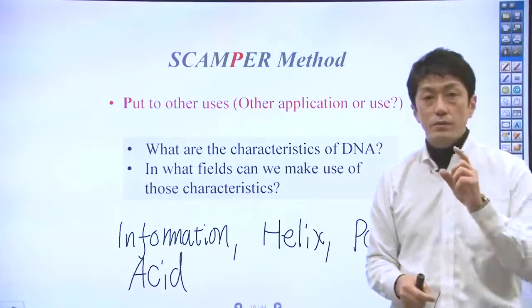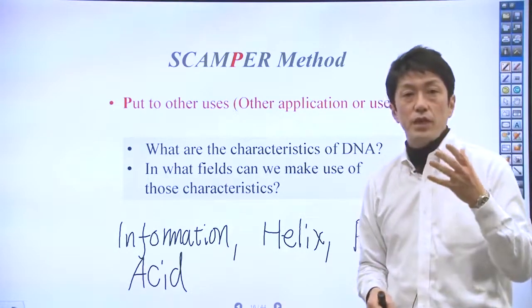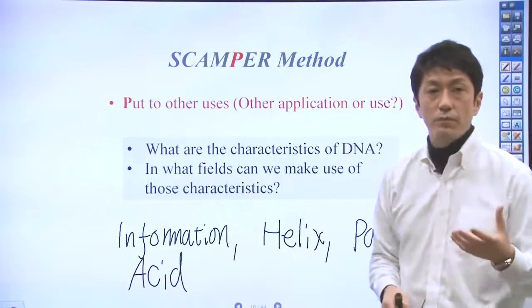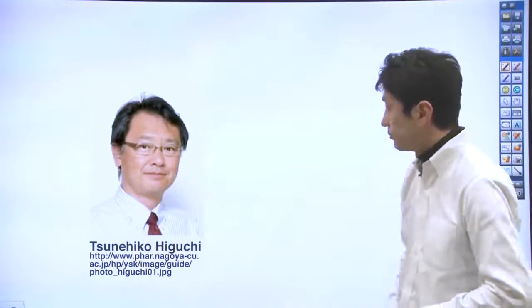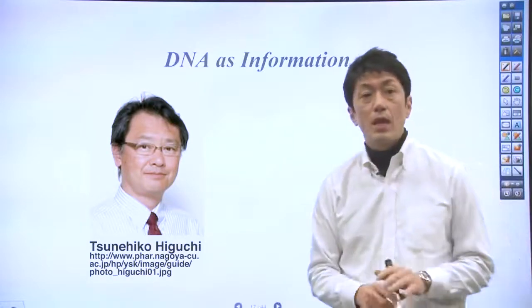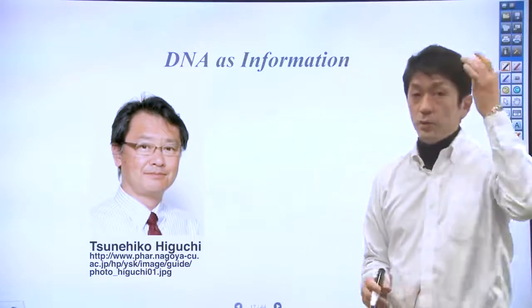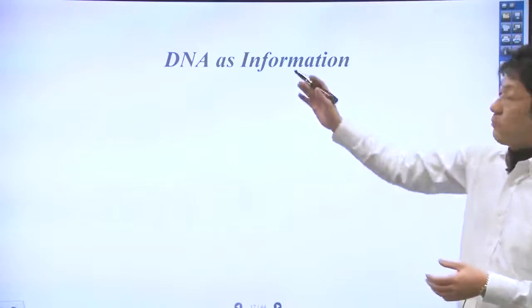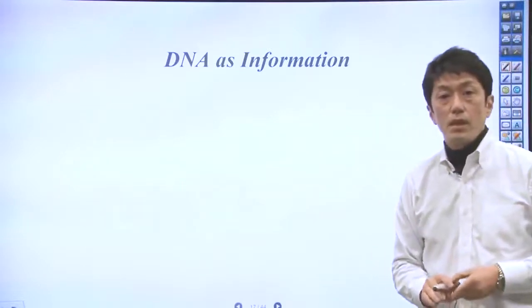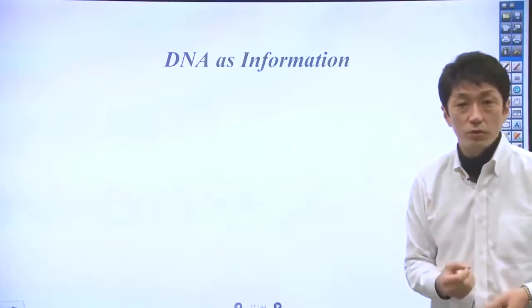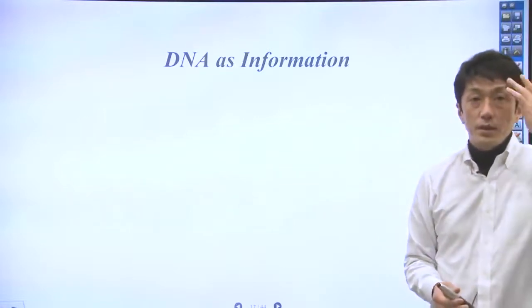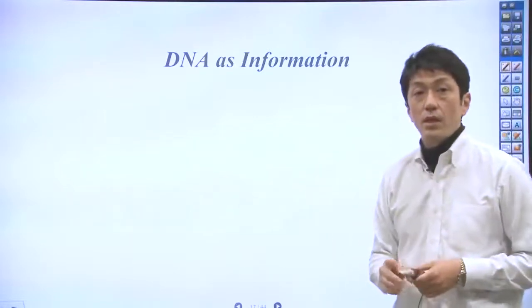I'll give you one example, which has actually been performed by Professor Higuchi at Nagoya City University. He focused on the property of DNA as information and engaged in the joint research program with Nissan Motor Company. So here is his idea.